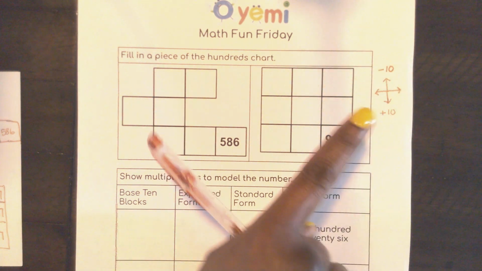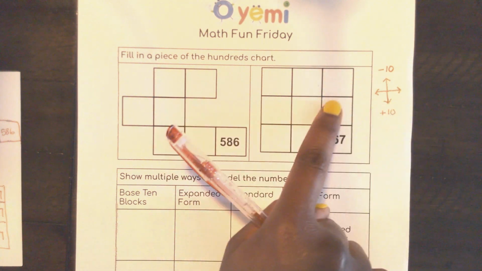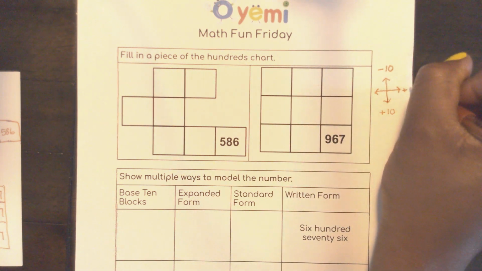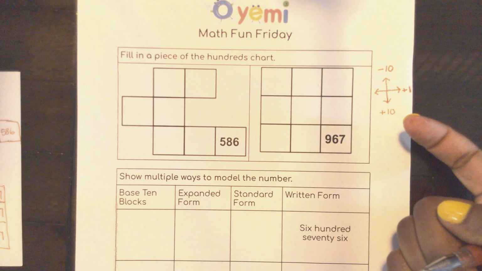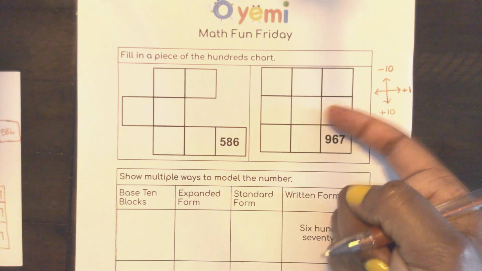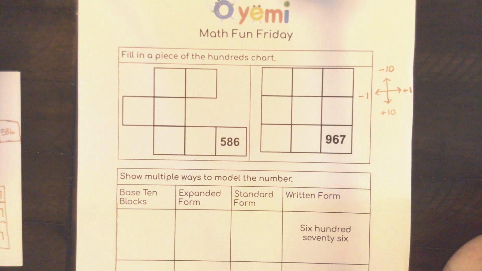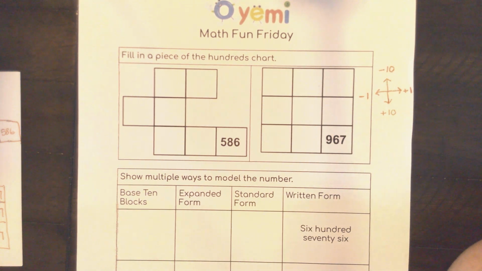When we go to the right, we add 1. And when we go back the other way, we subtract 1. So here we're going to focus a lot on the tens place and the ones place and how numbers are changing as they move on the hundreds chart.